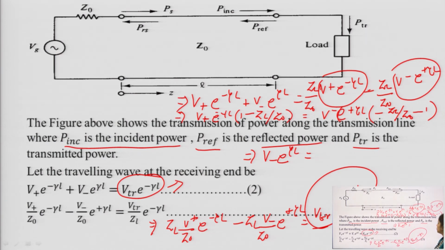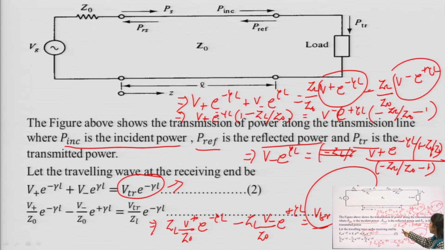Okay, so what will be the expression of this? We have V plus e to the power minus gamma L, 1 minus ZL upon Z naught divided by minus ZL upon Z naught minus 1. This will be the expression of V minus e to the power gamma L in terms of V plus e to the power minus gamma L.